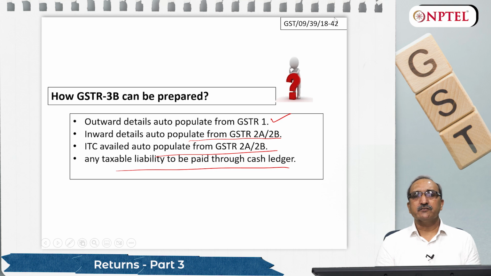So summarizing all these things, we will file our 3B to close that particular tax period. And if there is anything outstanding, that can be taken care of in next month's GST 3B.